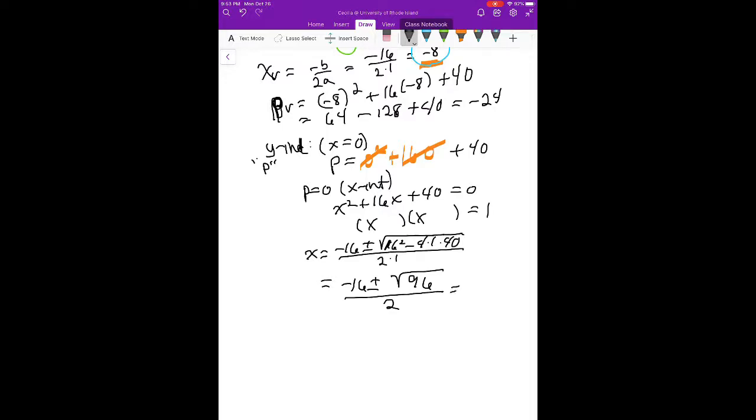So I get that this is coming out to be minus 16 plus or minus 9.8 all over 2. So x is equal to negative 16 plus 9.8 divided by 2.